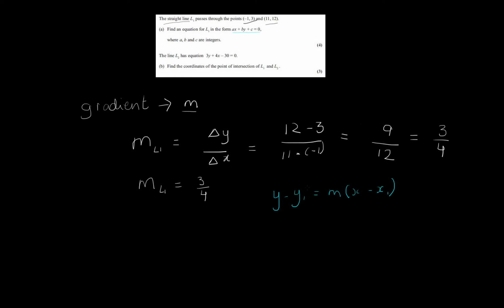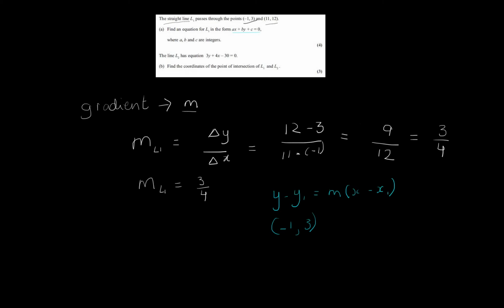This form would actually be easier for us to work with right now because we have the gradient, which we can plug in, and we have 2 points we can use for the x and y coordinates. So for x1 we could just use -1, and for y1 we could just use 3. So if I write this down here, this becomes the coordinate that we will use for the x1 value and the y1 value.